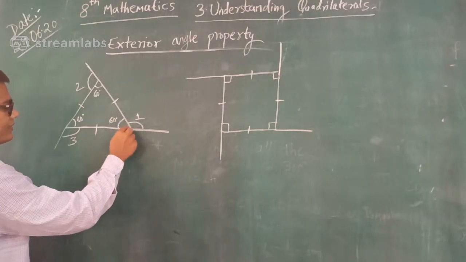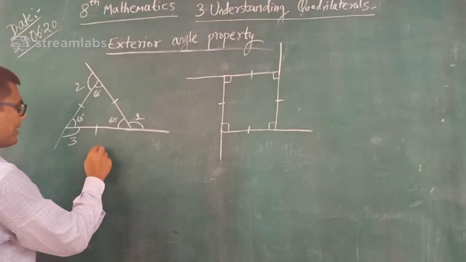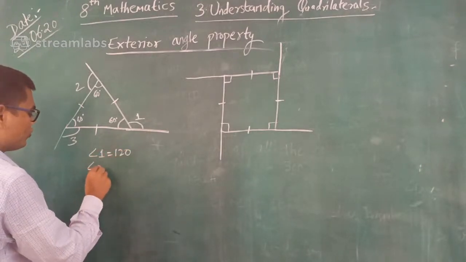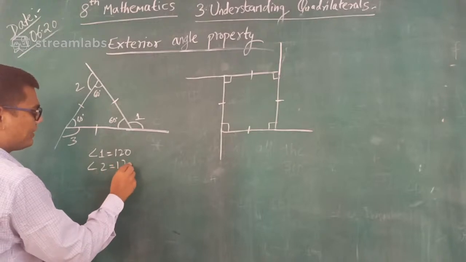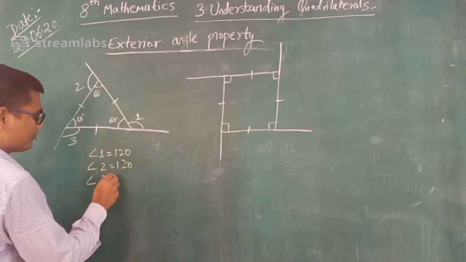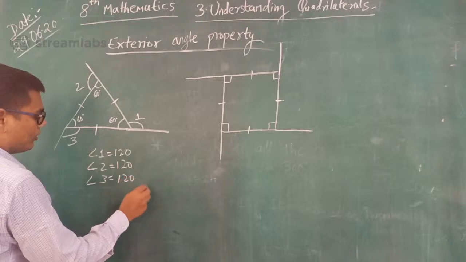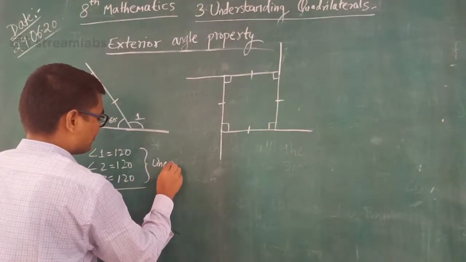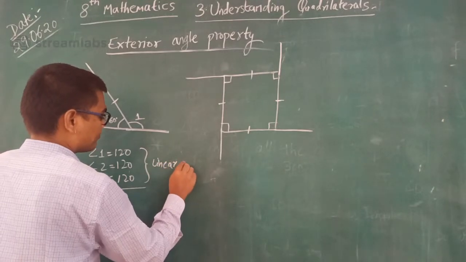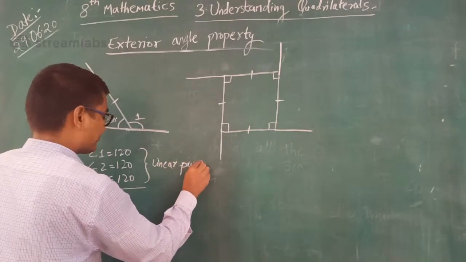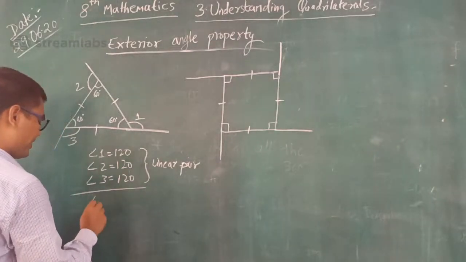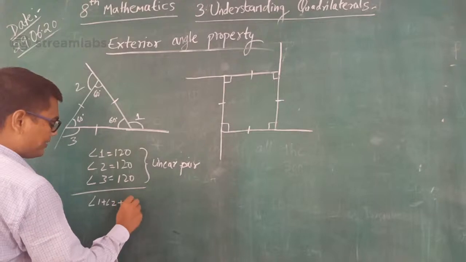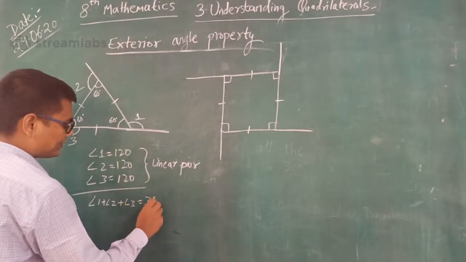Since this is a linear pair, angle 1 will be equal to 120, angle 2 will also be equal to 120 and angle 3 will also be equal to 120, because all three are linear pairs. So angle 1 plus angle 2 plus angle 3 is equal to 360 degrees.